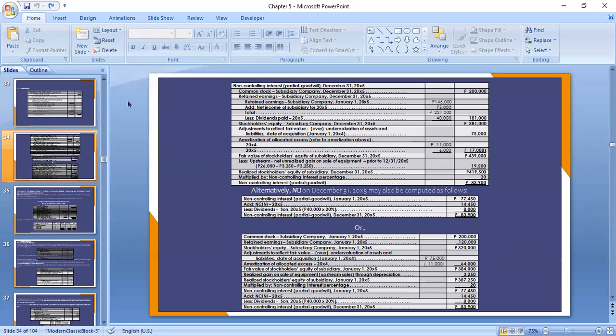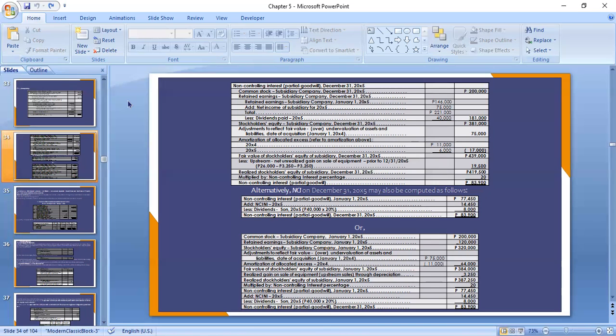We have the stockholders' equity of the subsidiary company by December 31, 20x5. Then we have the adjustments to reflect fair value over or undervaluation of assets and liabilities at date of acquisition, which is January 1, 20x4, and the amortization of allocated excess.